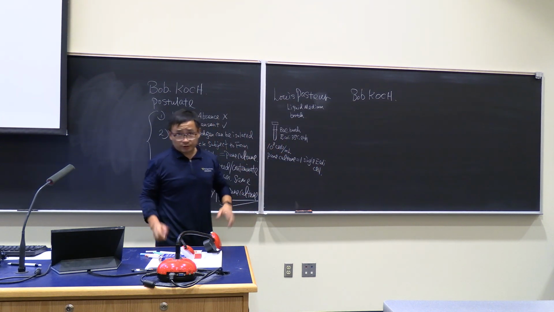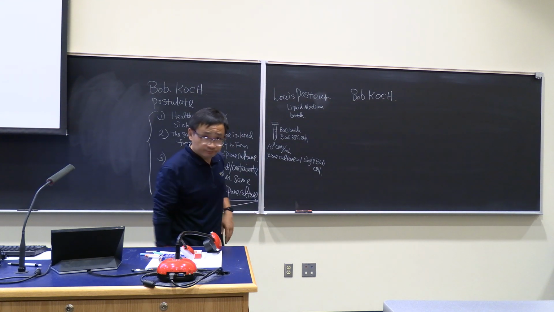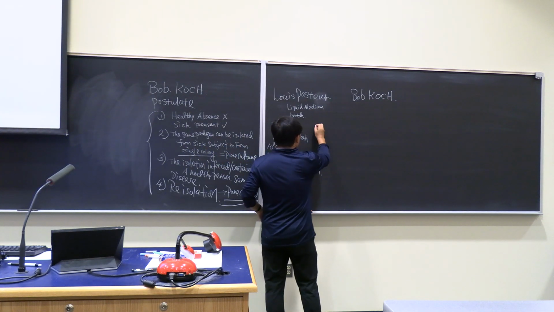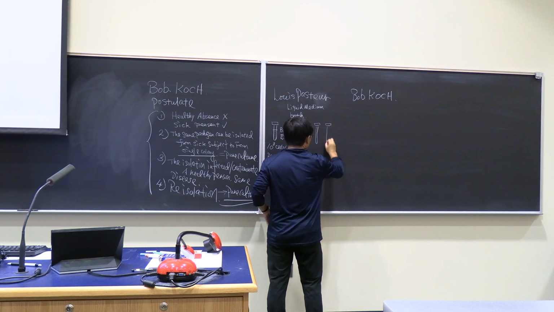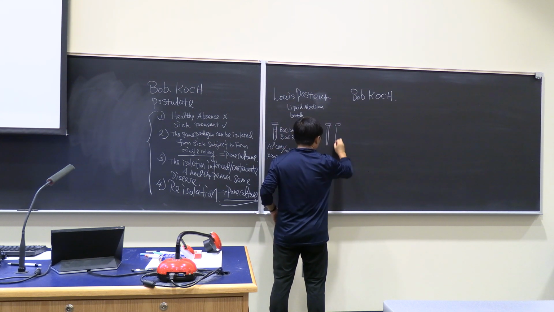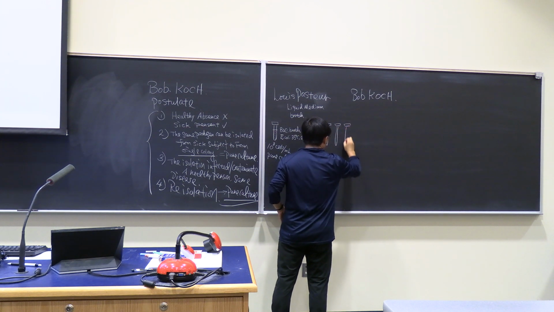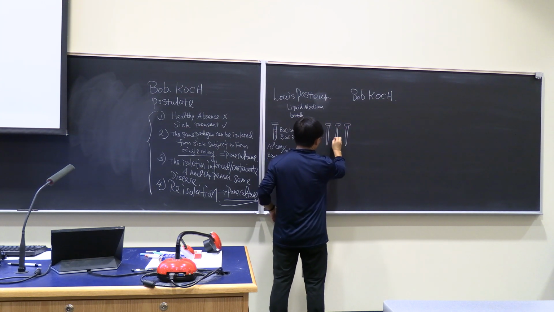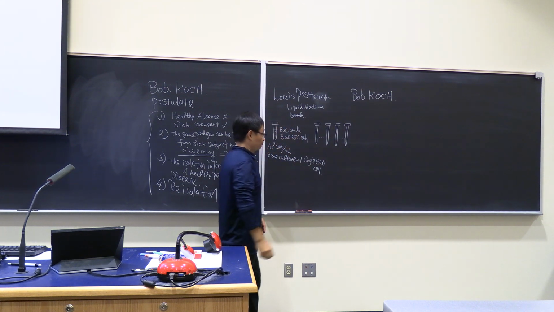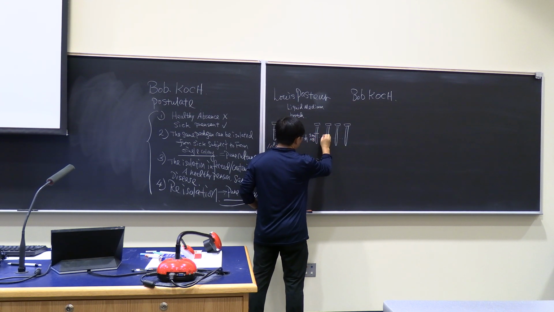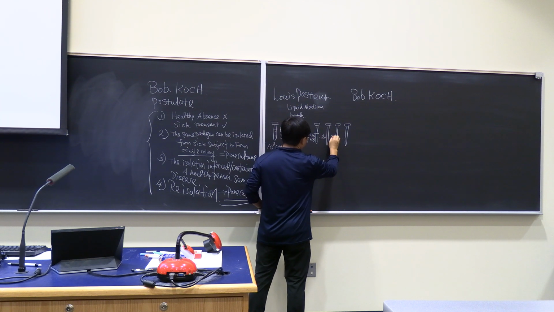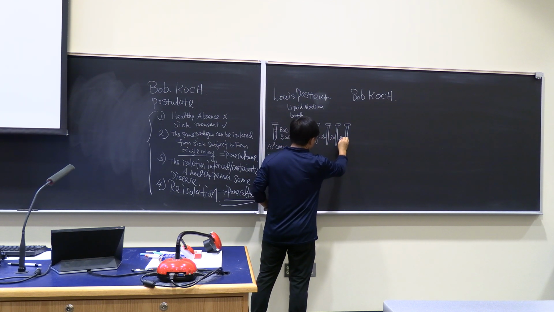Louis Pasteur said we can use liquid media. How did he do it? This is what you do in your chemistry lab a lot. You may not like it, but you have to do it. He prepared multiple dilution tubes. For example, we prepare 9.0 ml of nutrient buffered broth in each tube: 9.0 ml, 9.0 ml, 9.0 ml.